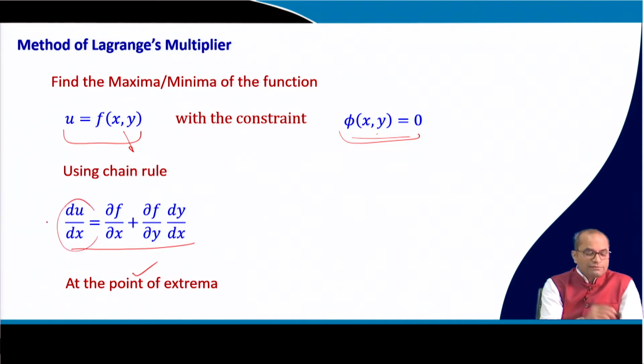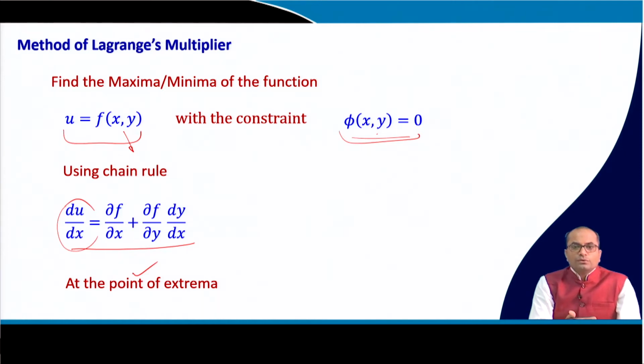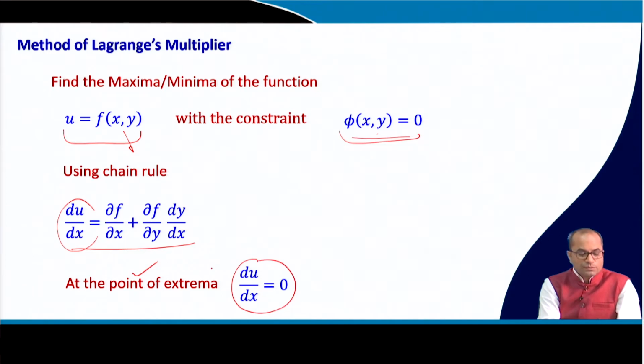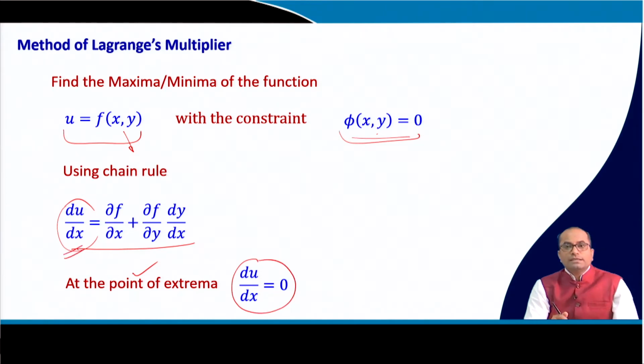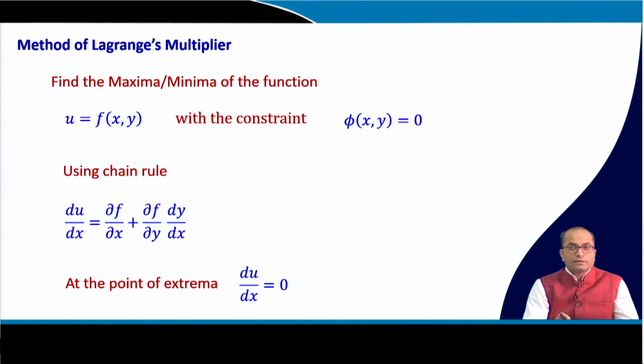We know that at the point of extrema, du over dx must be 0.